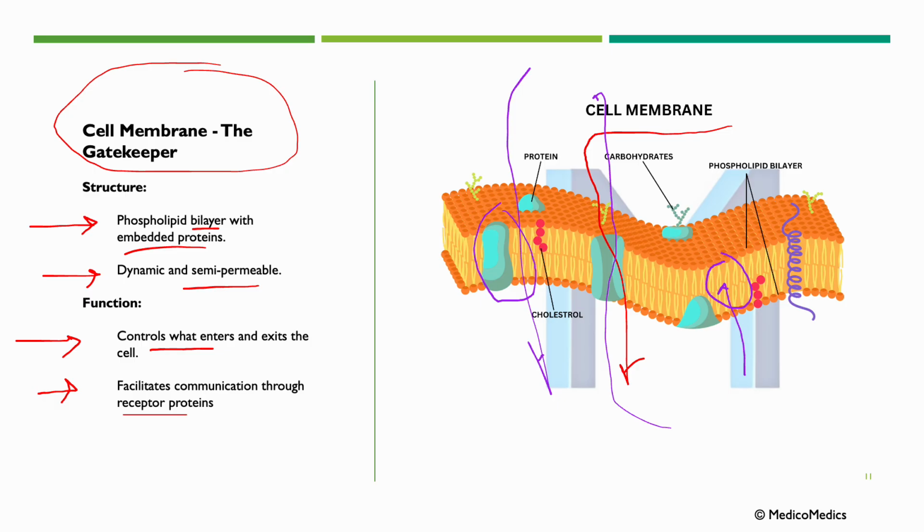Because what you will learn is that the outer surface of the cell is hydrophilic, while the inner part of the membrane is hydrophobic. And this leads to different considerations to keep in mind. But more on that as we move on into further lectures.